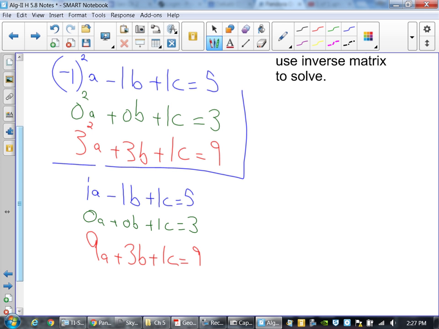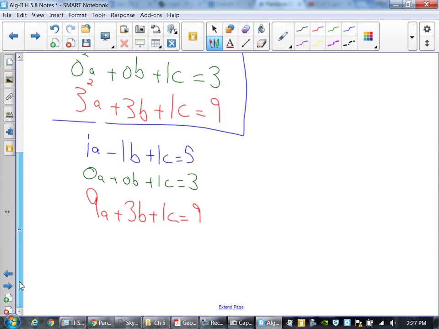When we used matrices back at the very beginning of the year, and I showed you guys that little shortcut, what I asked you to do was create what's called a coefficient matrix. The coefficient matrix is the coefficients of all those variables. In this case, there are 3 of them with 3 equations.